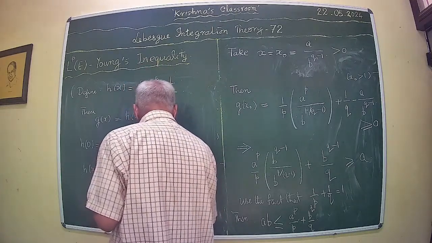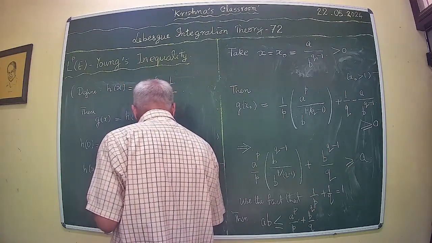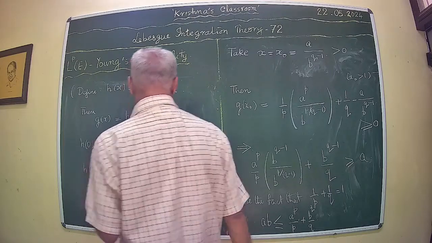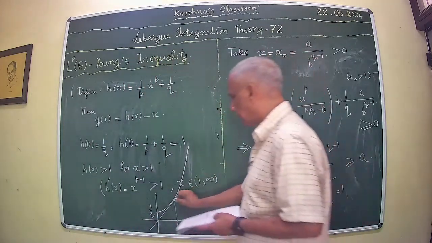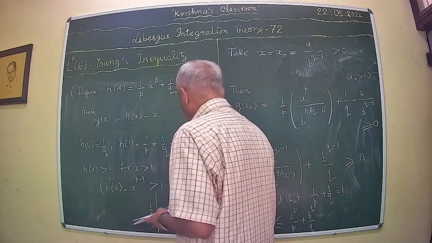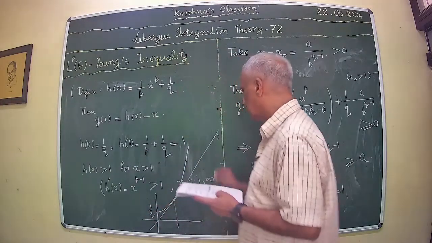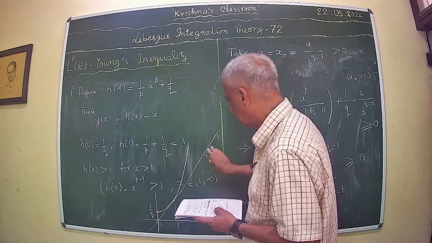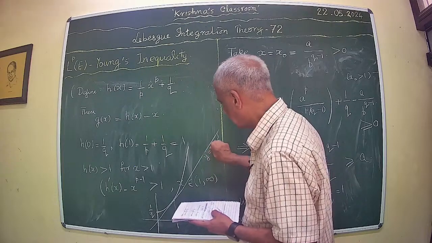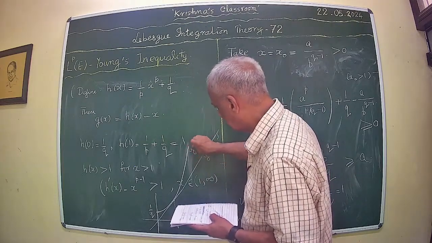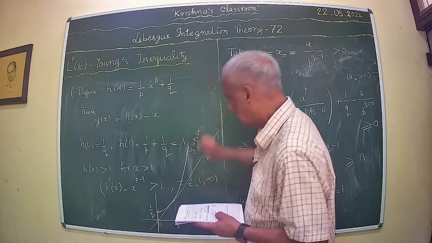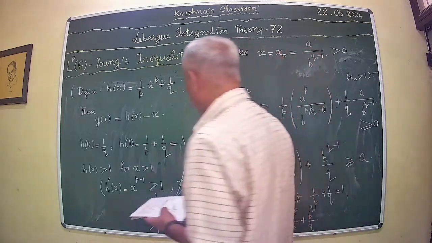So you see that this, in fact, this is the graph of h. So h always stays above the line y equal to x. So you see that it always stays above this.